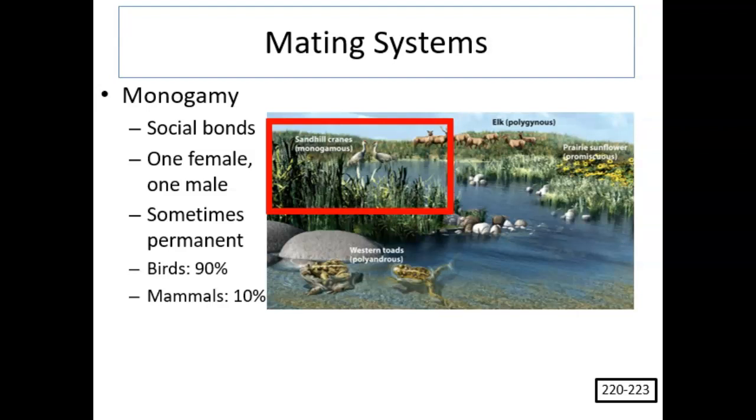So let's think for a second, why would we have this big difference between birds and mammals in their levels of monogamy? Why would it be more beneficial for a bird to be monogamous than for a mammal? Well, to answer that, we should be thinking here about the differences in how they reproduce. Birds lay eggs. The vast majority of mammals don't.